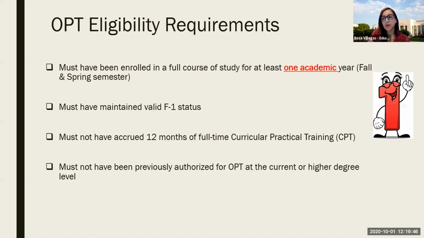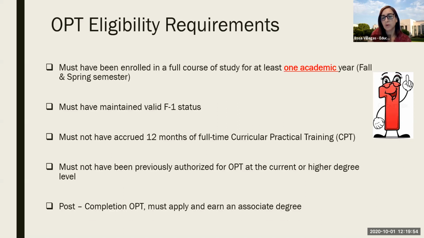And as I mentioned earlier and showed in the graph, if you completed OPT at the higher level, you will not be eligible to apply for OPT at the lower level. And if you're applying for post-completion OPT, you must apply and earn an associate degree at PCC. If you're applying for post-completion OPT at the bachelor level, then you have to be earning your bachelor degree.